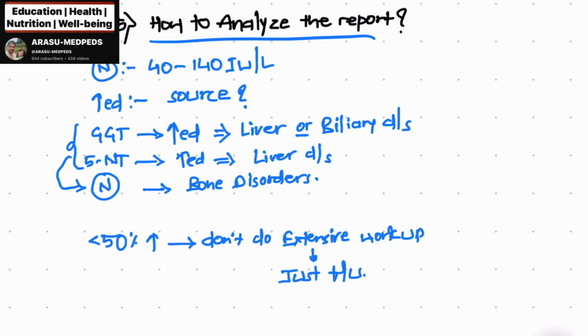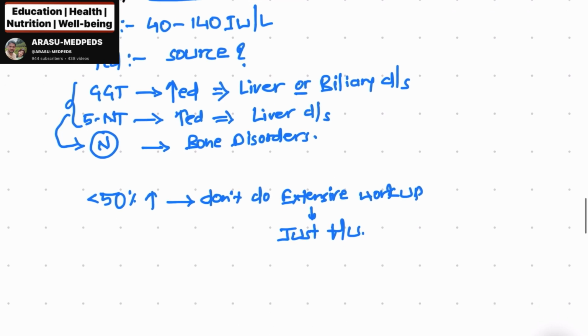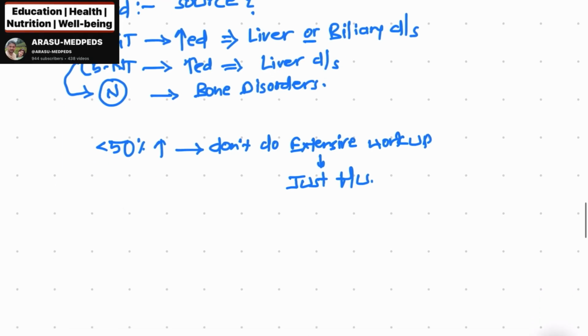So what is that significant elevation? We consider significant elevation if the levels are more than 4 times the upper limit of normal. So in this situation, we have to consider some cholestasis. This is the point.